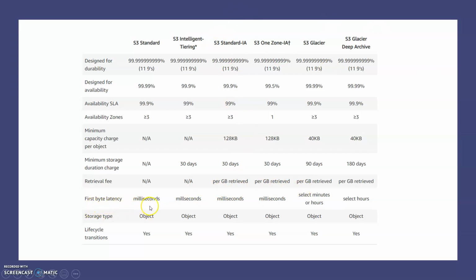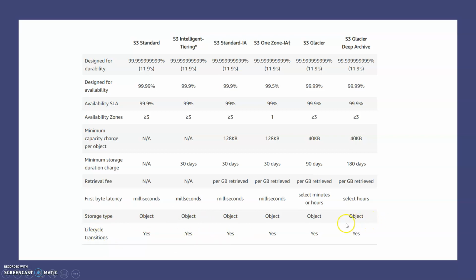And for first byte latency, it is milliseconds for most, minutes to hours for S3 Glacier, and for S3 Deep Archive you will have to wait some hours, maybe 4, 5, 7 hours. Every storage type stores objects, and everyone supports lifecycle transitions.